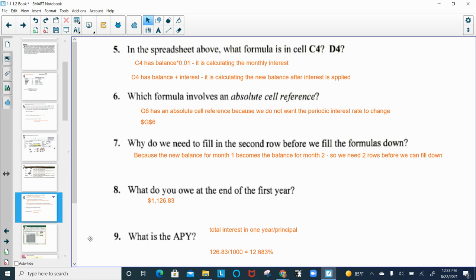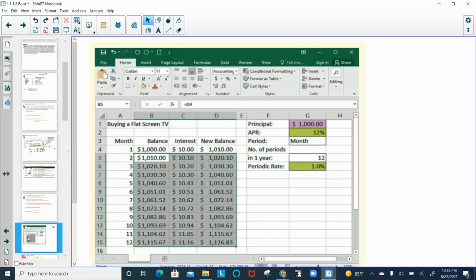Now I want to show you what that looks like when we fill down. You can see that they grabbed that handle right here and dragged it down, and that's what they owe. This very last amount, the new balance, is $1,126.83, and they started out with $1,000.